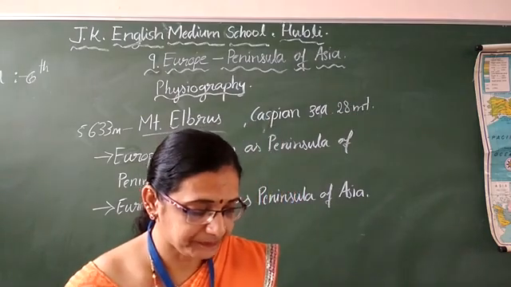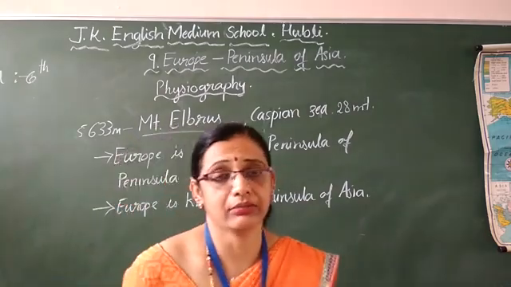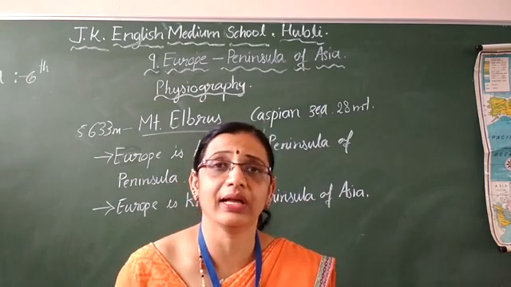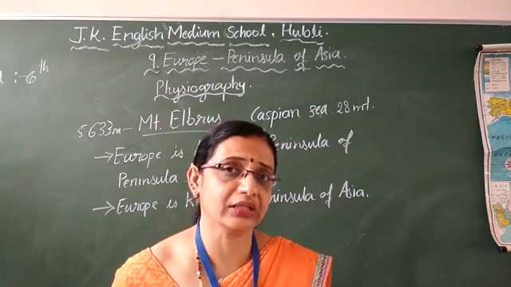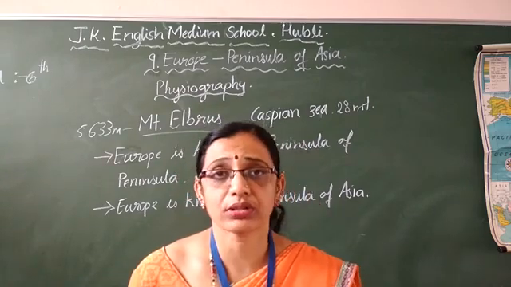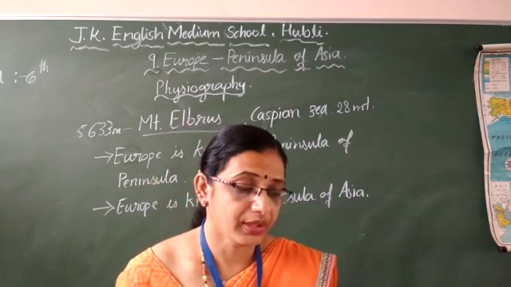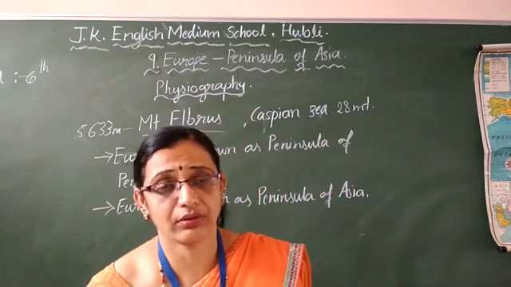Lowest point it is. And Europe has an indented, means irregular, coastal line. Coastal line is not at one stretch. In between it is broken. It is cut. Indent it is called. Coastal line is nearly 8,500 kilometers long.